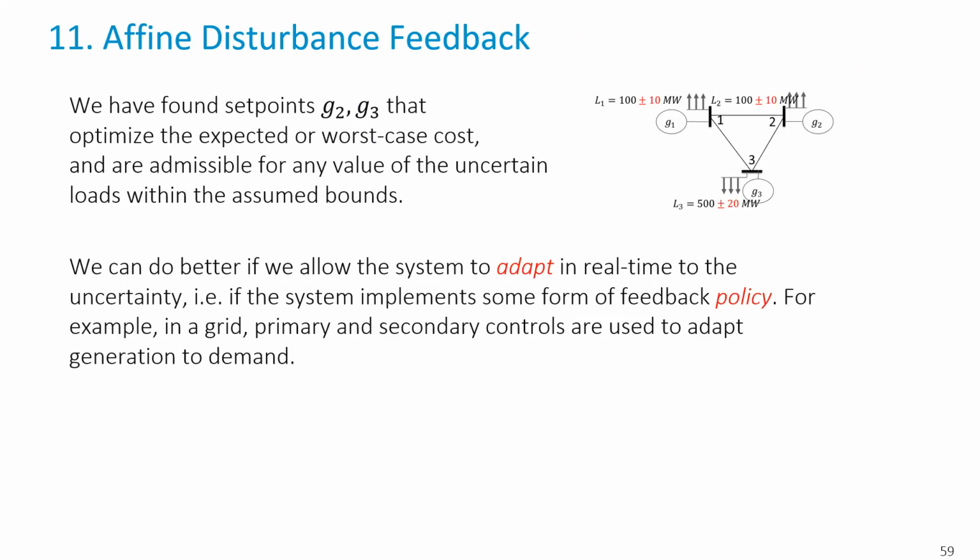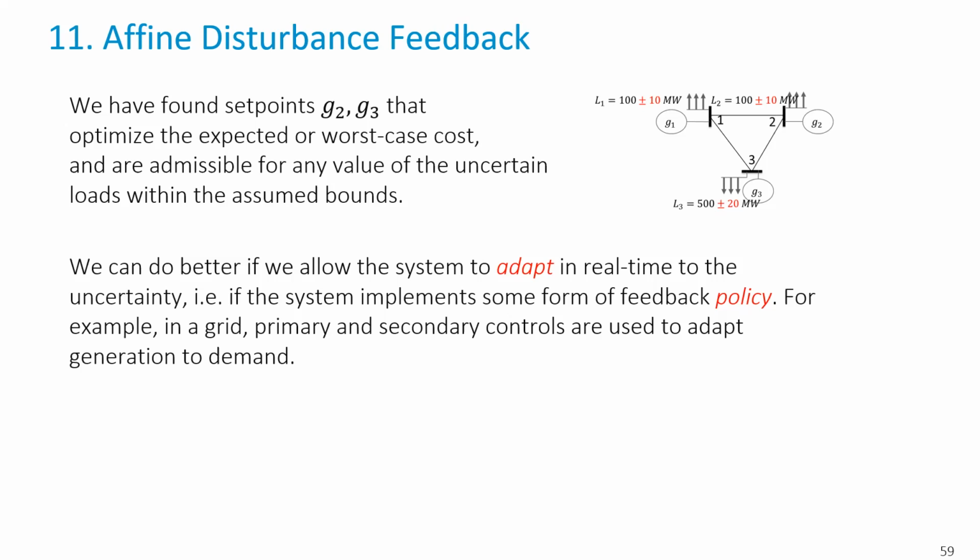Well, but the true intention of this is to be able to apply a form of control, which is called affine disturbance feedback here, which is something very frequently done in energy systems, in general in engineering, because affine control rules are very simple to engineer, and we know how to make them work, as we will see now.